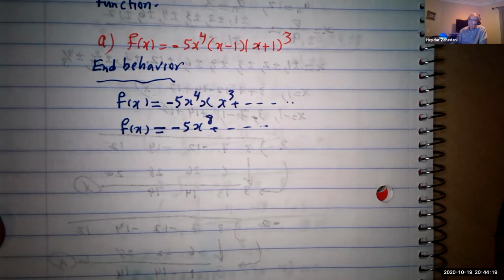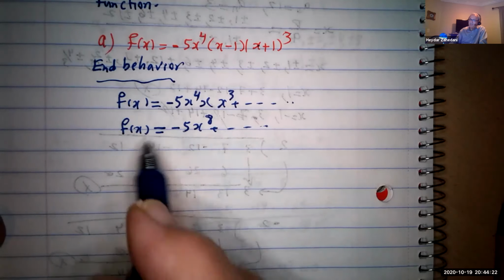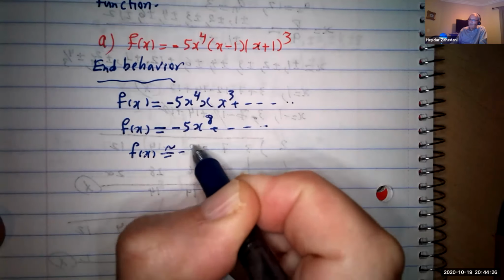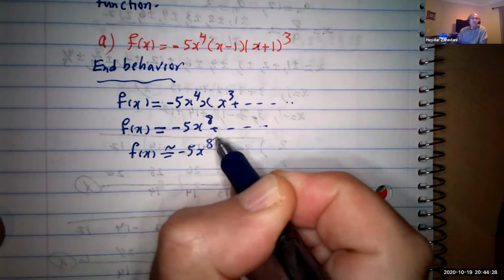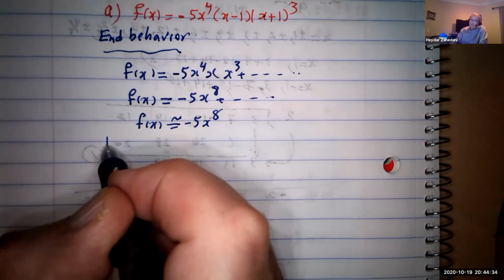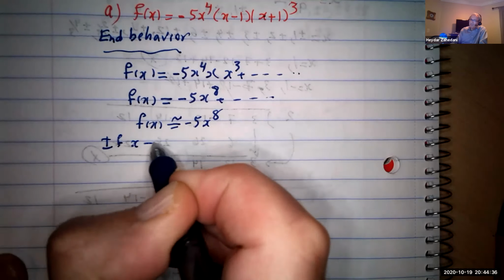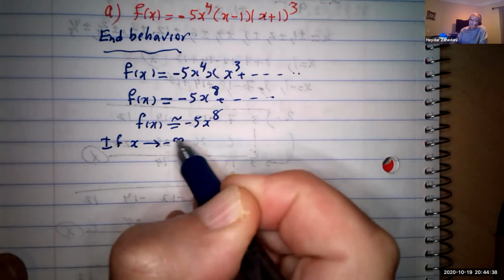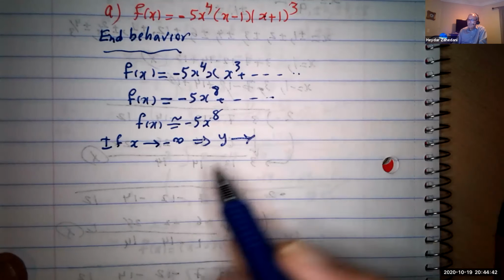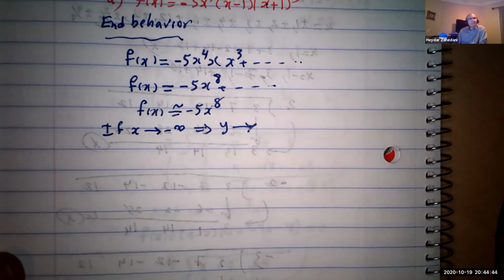Remember, we shrink it and we check the infinity. So f of x is like negative 5x to the 8. That's a crucial part. You check the infinity, just the sign. If x goes to negative infinity, that would imply that f of x or y goes to, what is the sign, positive or negative?